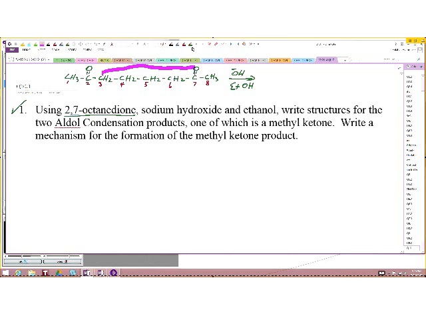So let us go ahead and do that, because all they want us to do is write the product. Okay, so if we say this is carbon number 3 right here, therefore the carbonyl is attached to that.